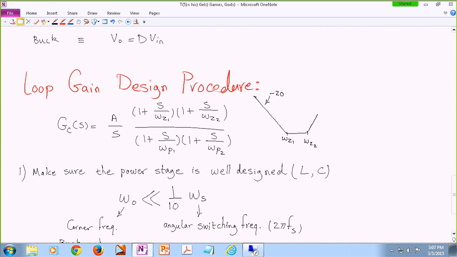So it starts increasing with a slope of 20 dB per decade. Then I hit omega P1, so it gets flat again. Then I hit omega P2. And this is just GC.